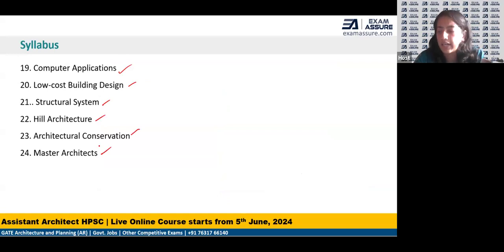And further moving ahead, they have also given a detailed syllabus with respect to each of the subjects mentioned above. Let's look at that as well.